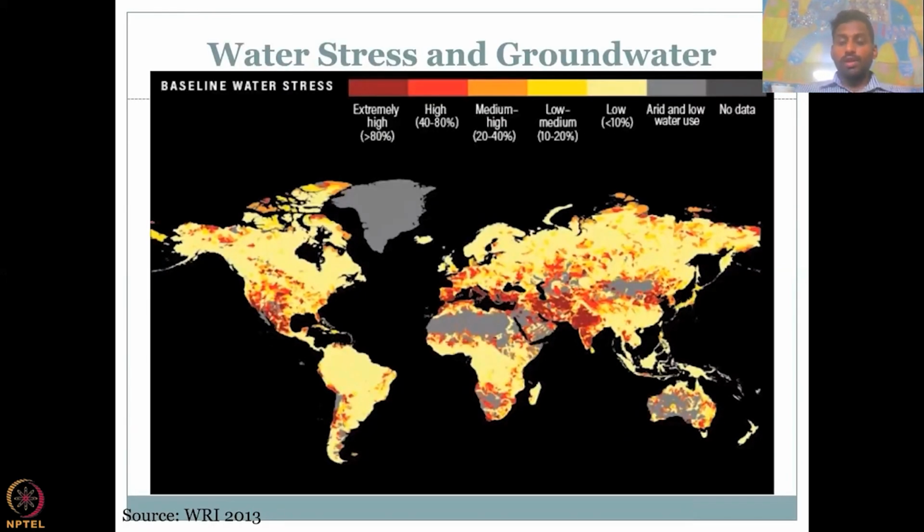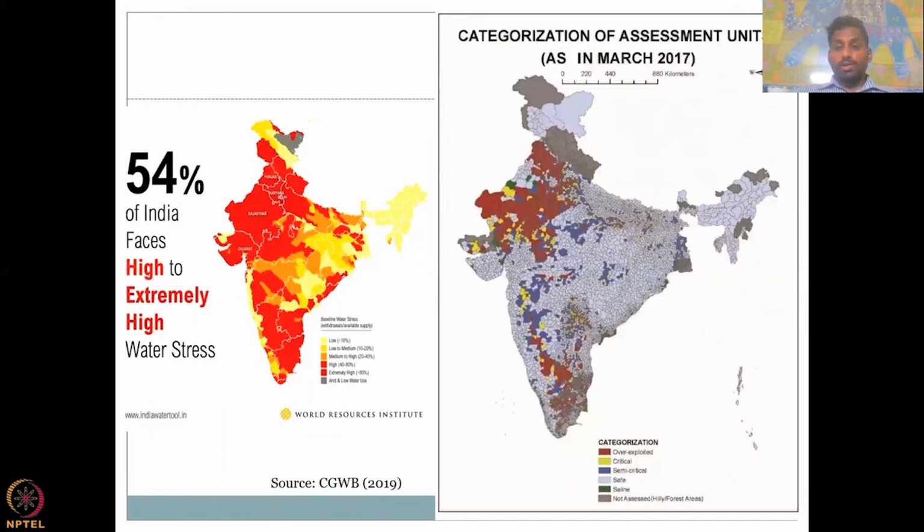This beautifully lists along with your WRI image from 2013, looking at the baseline water stress, where the red color indicates tremendous water stress. And if you map this along with the water blocks from CGWB, you can clearly see the match. The study used data from multiple sources, and also surface water and groundwater together.